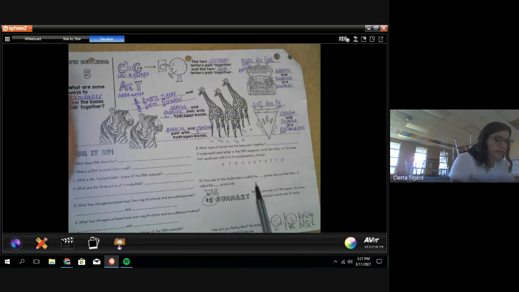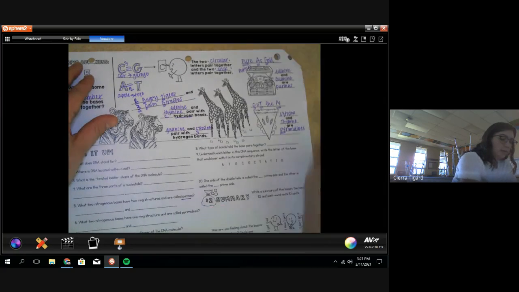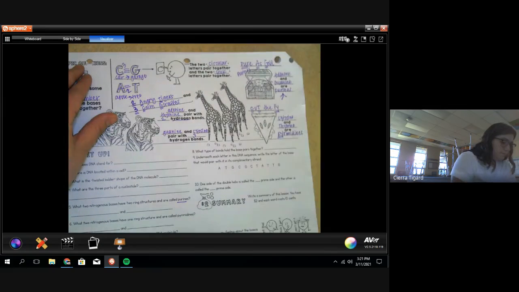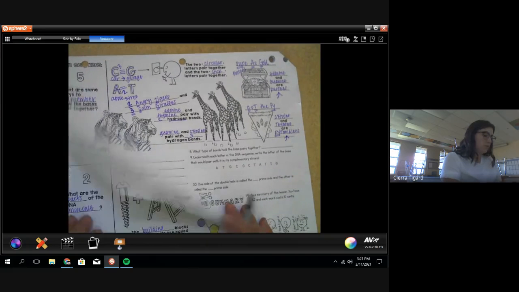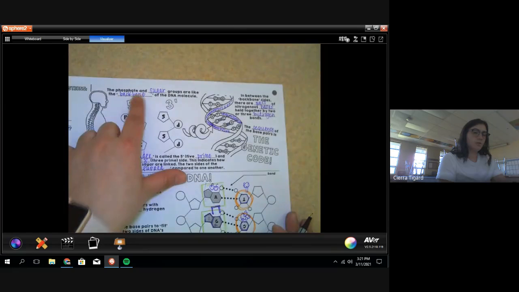So which ones have 2 ring structures and are called purines? We can look right back up here at what we wrote. And then which ones are called pyrimidines, which is there. And then what 2 structures make up the backbone of the DNA molecule? We're going to flip over onto our second page, which is the backbone, and it tells you right here.